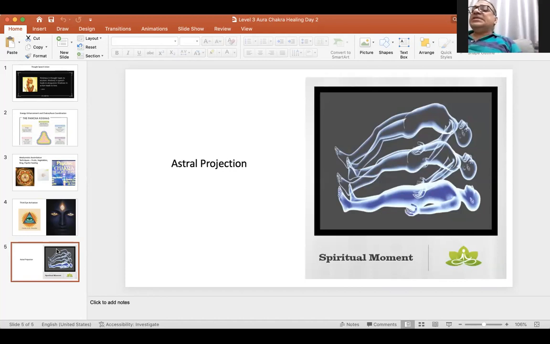Before that, I go to the next slide, describing certain important things. You can see in this slide that we have astral projections, right? We would have heard the word astral projection many times in our life, and also incidents of astral travels by different saints and ascended masters. Even we would have heard about astral travels by certain people as a miracle.